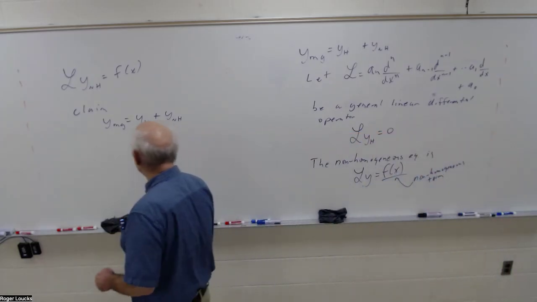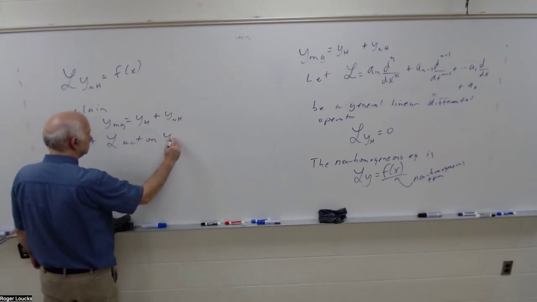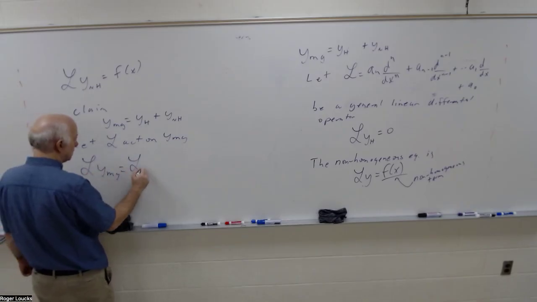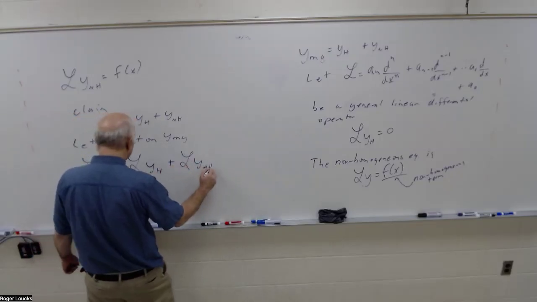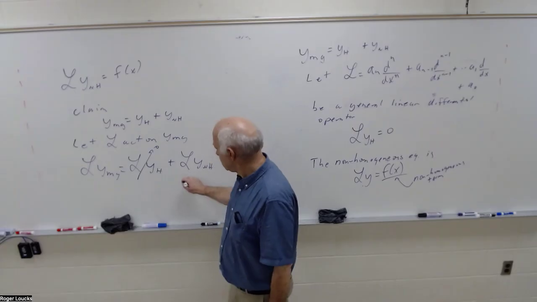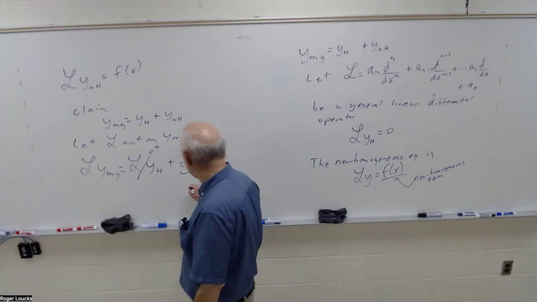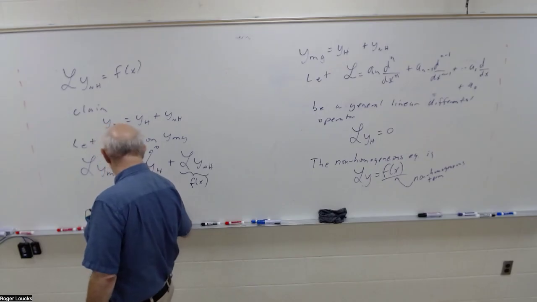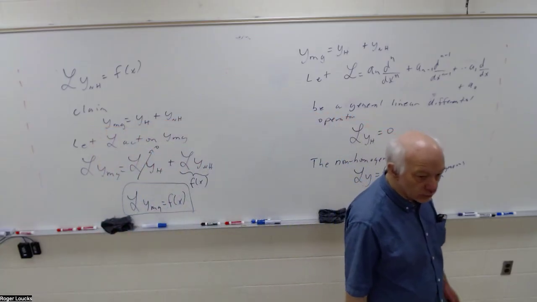So I get L Y most general equals L acting on YH, which is 0, plus L acting on YNH, and that equals f of x. So this tells you that Y most general solves the equation with f of x. That's my most general solution.